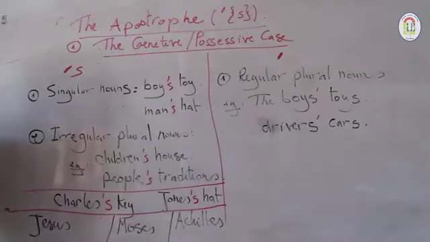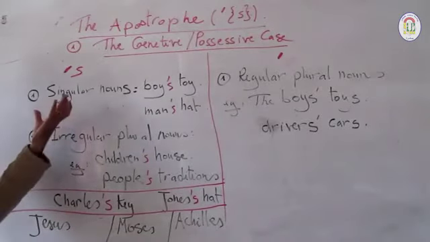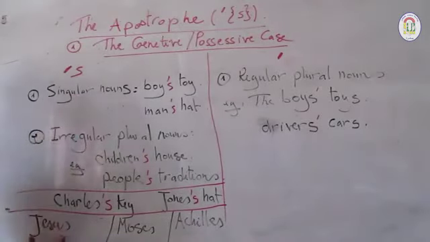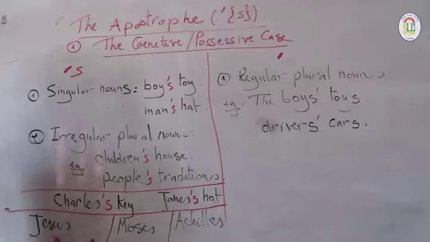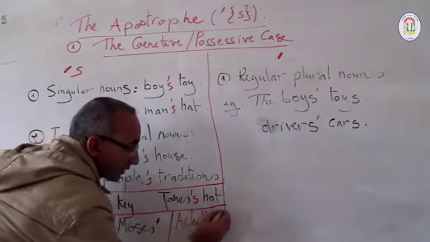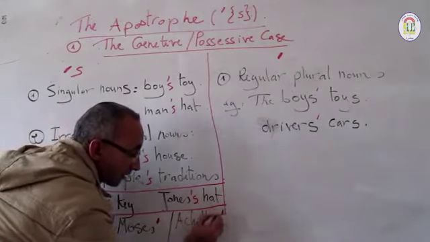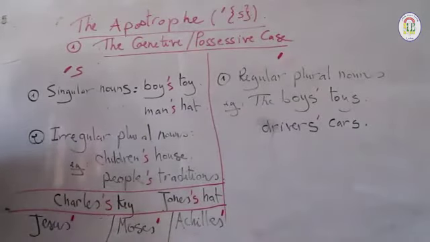Now some believers accept these nouns from this rule, and they say for these classical and biblical nouns or names which are singular, we can be satisfied only with an apostrophe: Moses' and Achilles', without adding any s.